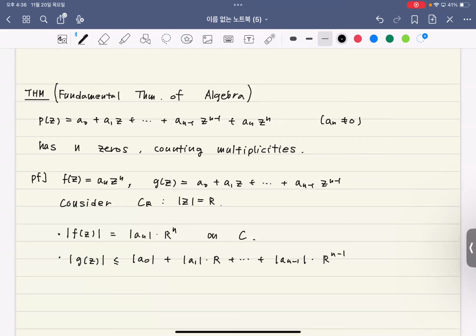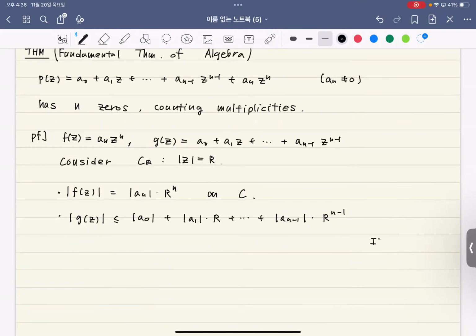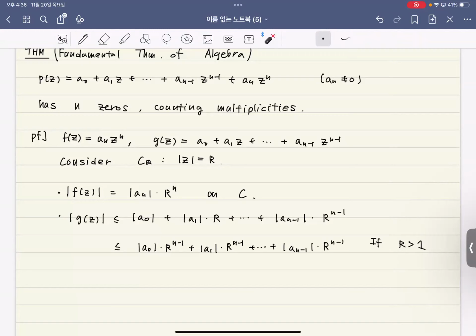In this case, if r is greater than 1, then the bound is at most a_{n-1} times r^{n-1}, right? Because we are multiplying by a number which is greater than 1, so this one should be bigger than this. And this is the summation of a_i times r^{n-1}.